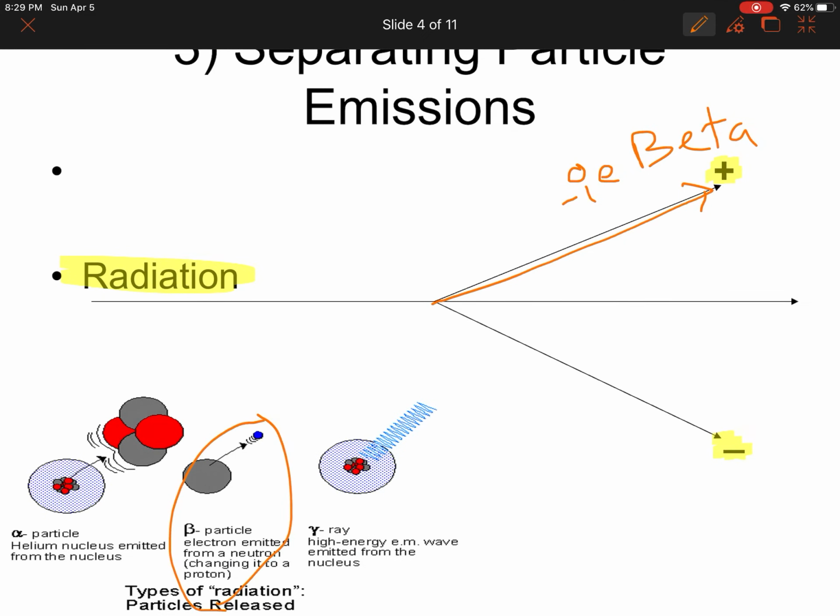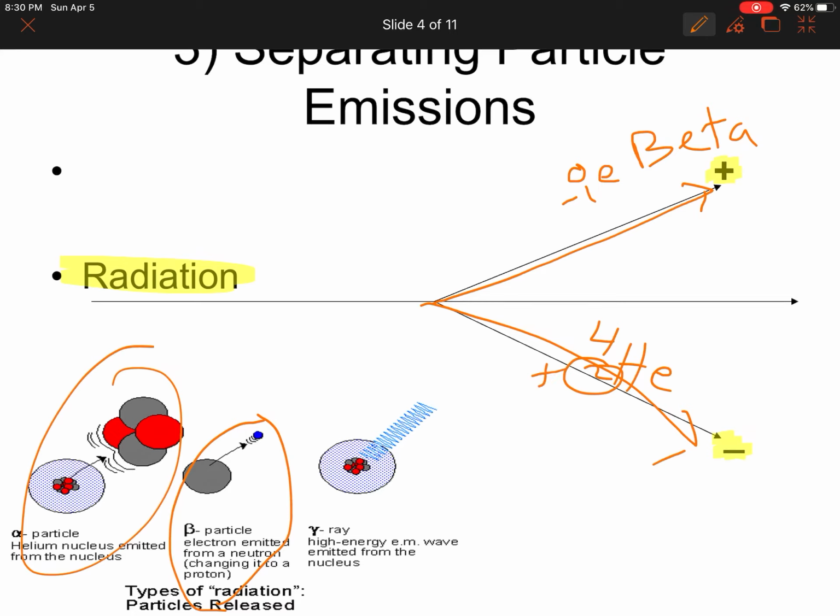Who would bend towards the negative end? Well, a positive charge, right? A positive charge is alpha. If you go to table O, alpha says 4, 2He. The 2 tells me the charge is plus 2. Now, which one on table O actually goes right through because it has no mass or no charge? This guy right here, gamma. If you look up the symbol on table O, it says 0, 0 with the Greek letter gamma symbol.